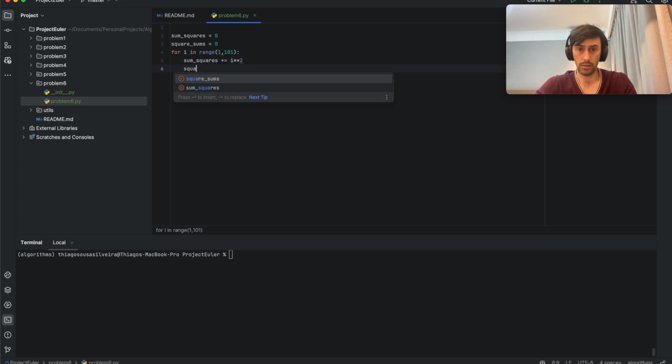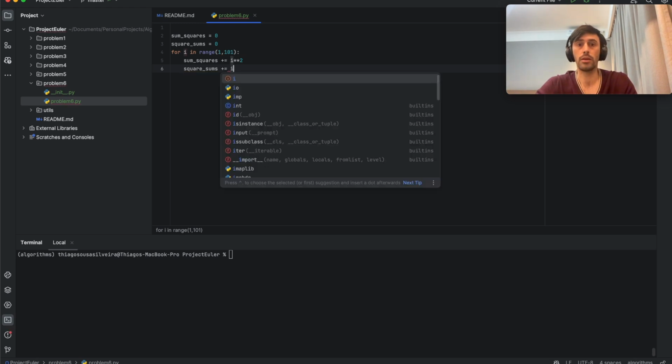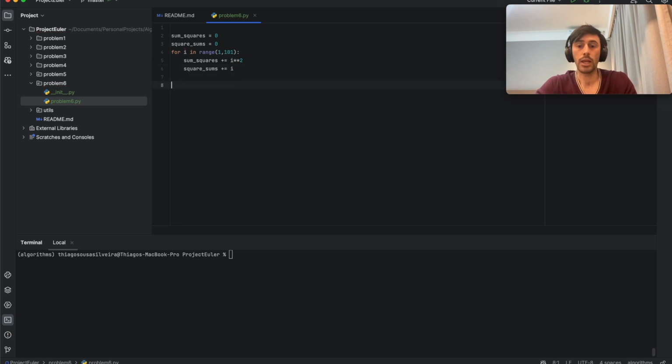So I'm just summing the sum of the squares. And the square of the sums, we just sum first all of the numbers normally, and when we calculate this difference, then we square that value, right? So in here we're going to make the difference of the square sums, and then we make the square minus the sum of the squares.